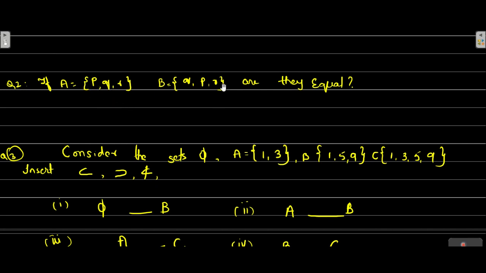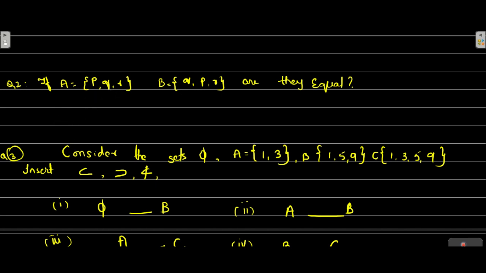In both the sets A and B, we have the same elements. Here we have P, here we have P. Here we have Q, here we have Q, and R and R. So, the elements are the same, but the way they are arranged is different.